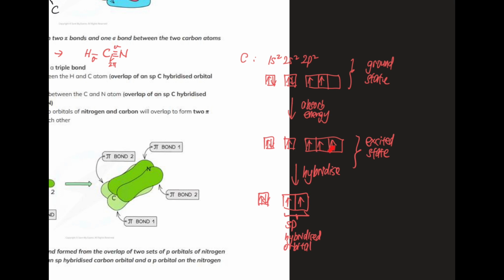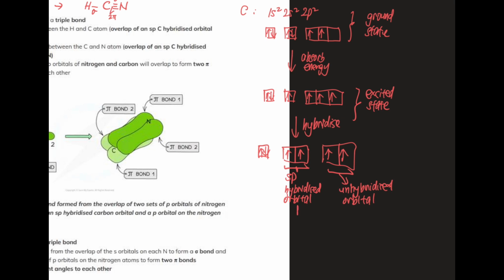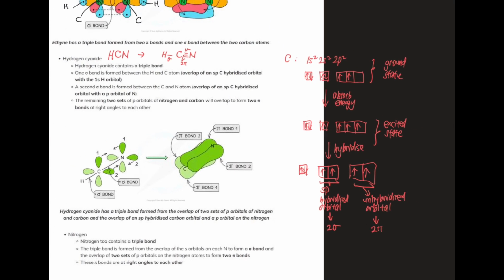So they hybridize. The other 2 remain unhybridized. So this is the unhybridized orbital. These 2 will form 2 sigma bonds. This one will form 2 pi bonds. So it happened to carbon actually, as you can see. 2 sigma bonds and 2 pi bonds.